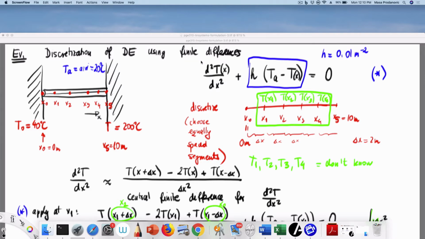We approximate the differential operator at that point using the nearby points with the discretization as I set it up for the problem.